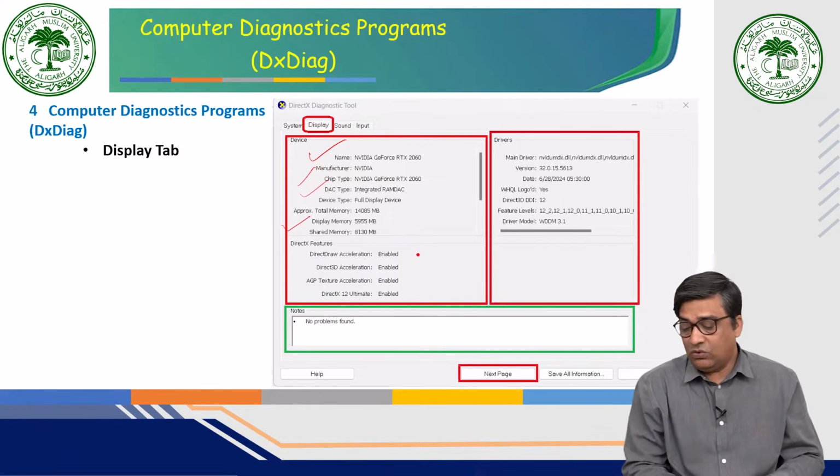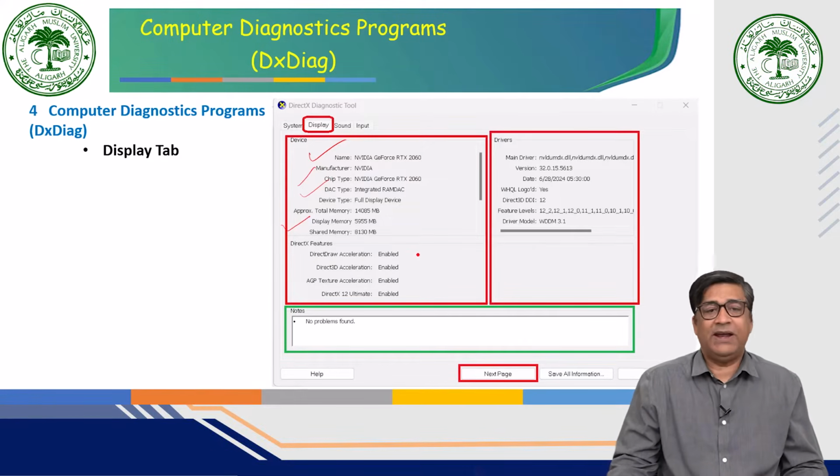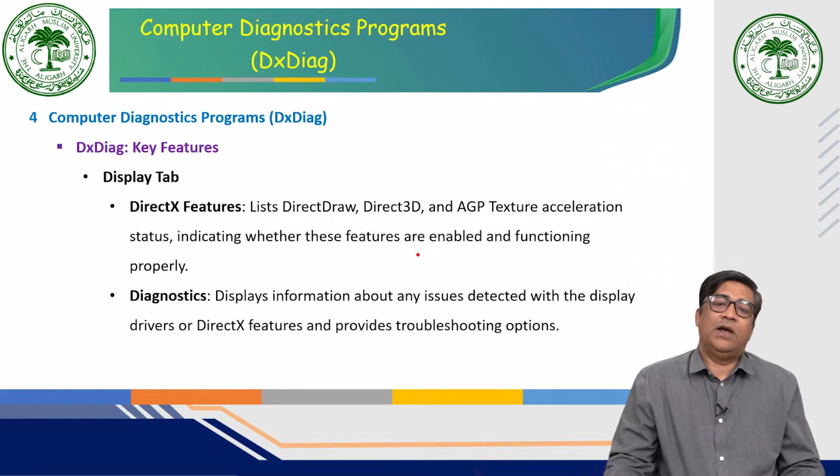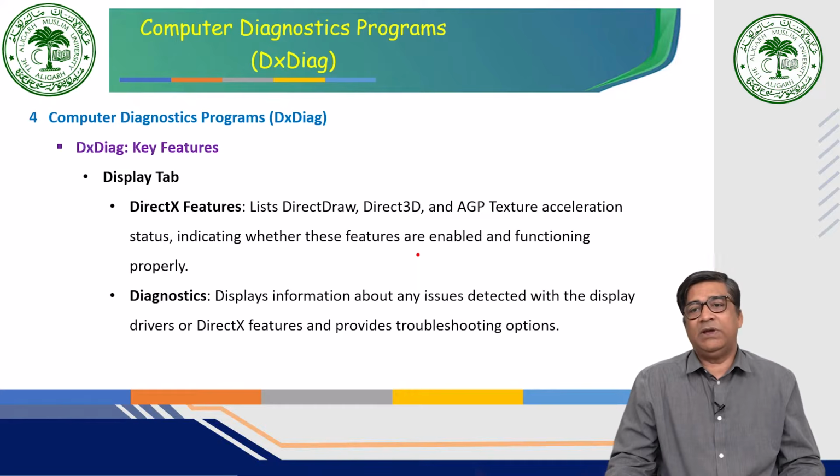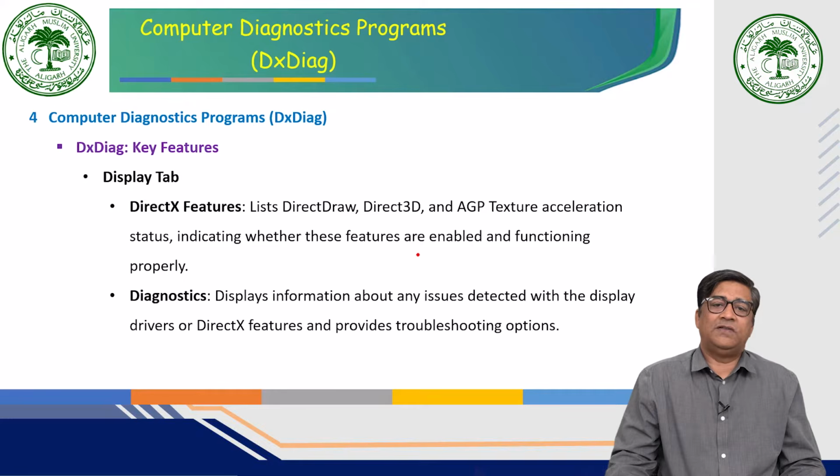When you go to the Display tab, the Display tab has a lot of features because it lists the key DirectX features, which include features like DirectDraw, Direct3D, AGP texture acceleration, and the graphics performance, etc. Also, it shows you the diagnostic features.